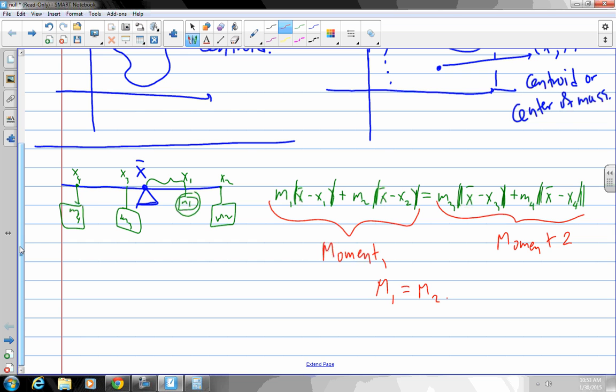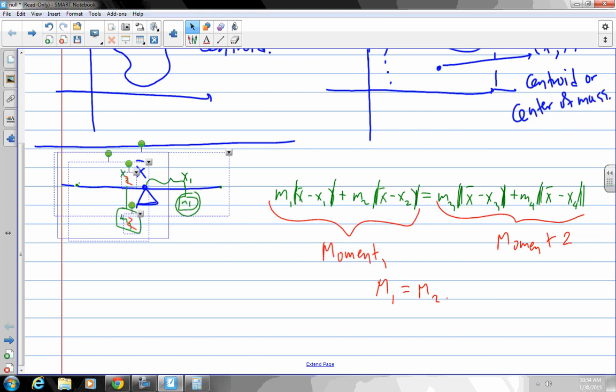Okay? So let me do a simpler diagram. Let me just take something that has just 2 weights, just to derive a quick formula. So let's call this m2x2. Take it to another page.